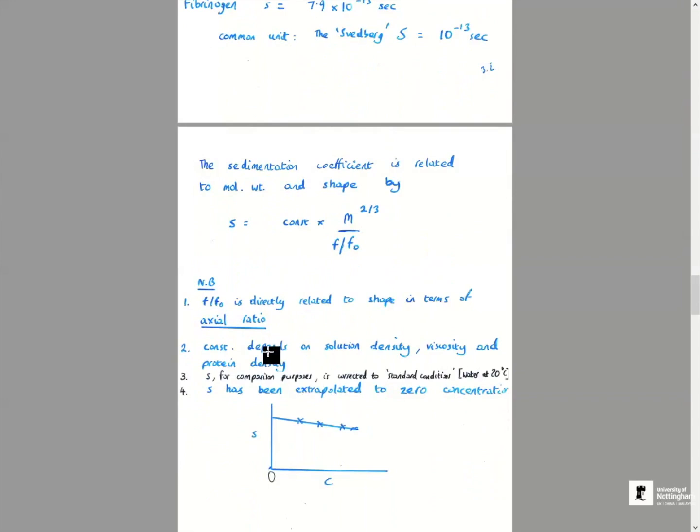We either work at very low concentration or make measurements at a series of concentrations and extrapolate back to zero concentration to get rid of non-ideality. So you can see now why I made that big fuss at the start of the course about non-ideality. It happens time and time again.